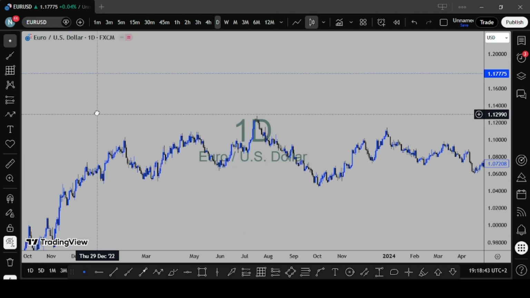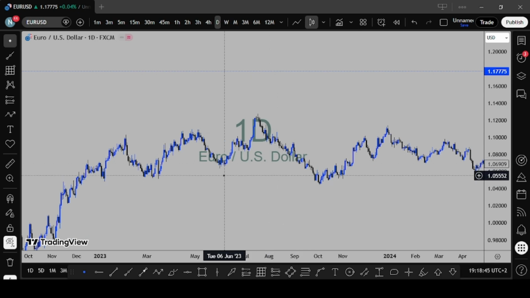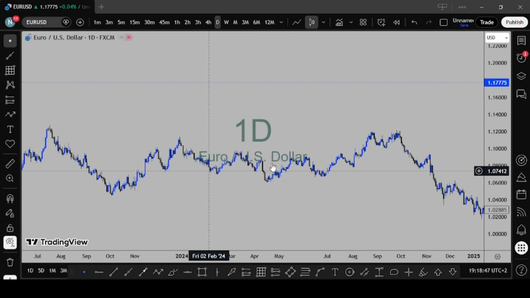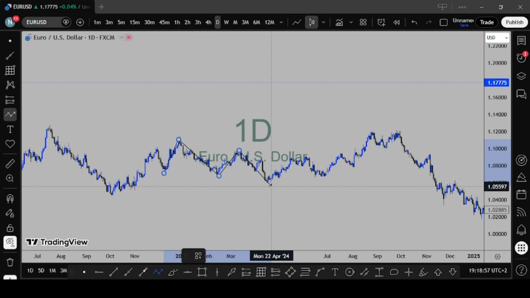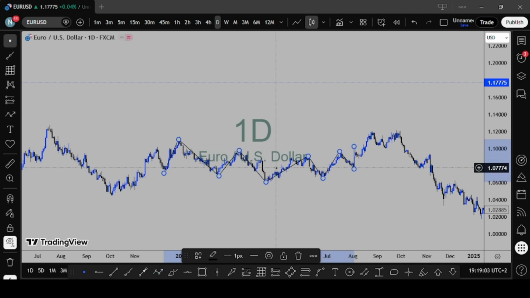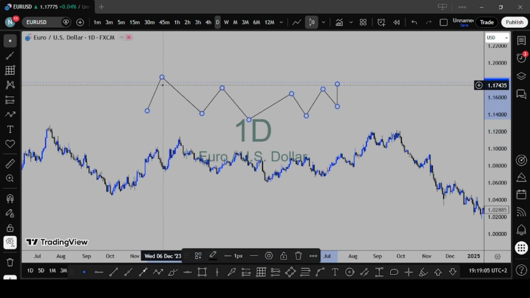And then the last one, I told you about the ranging market. What does it look like on the real market? We have a low, a high, a low, a high, a low, a high, just like that. That's what it means to say price is moving sideways.